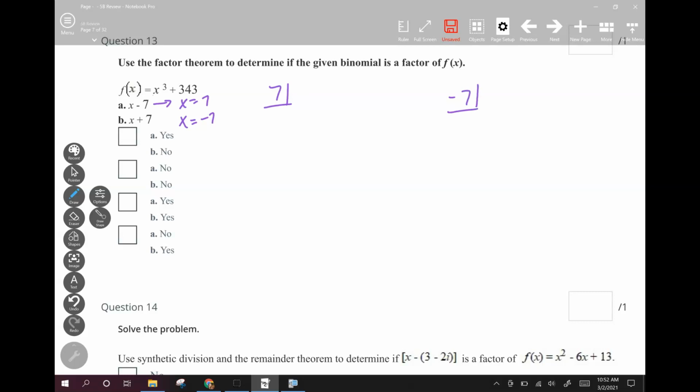Now, writing out your coefficients, you need to insert a 0x squared, a 0x, and that's it. So those are your two terms that are missing there in between the x cubed and the constant term. So you'll have 1, 0, 0, 343.